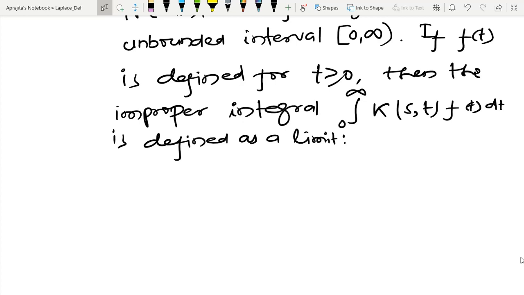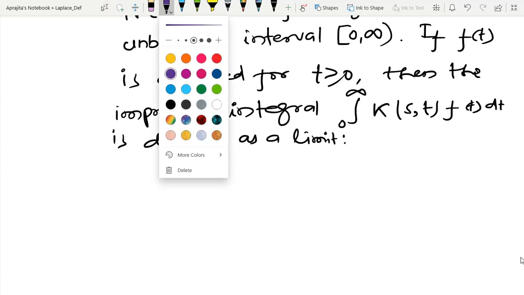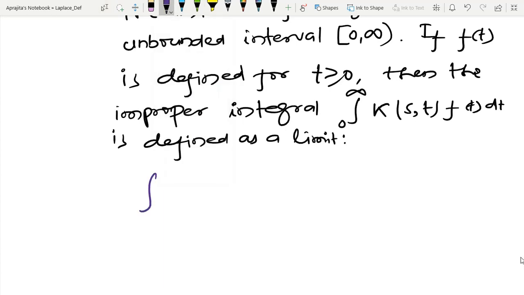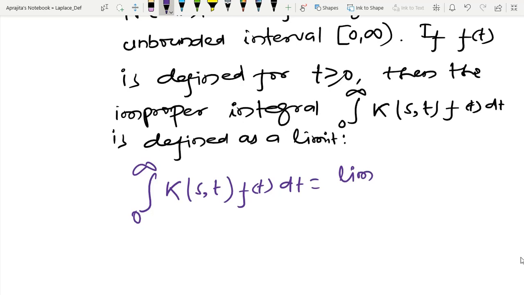Due to that reason we have written this kind of remark, and the meaning of this remark is like this. If I do this kind of improper integral, then I am going to interpret that in the form of a limit.